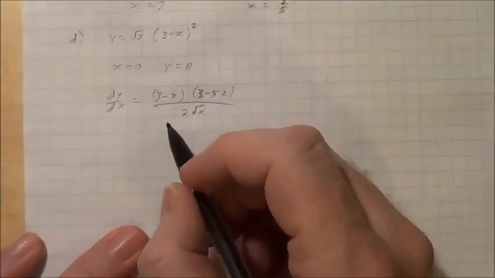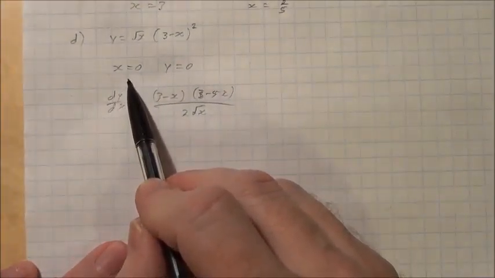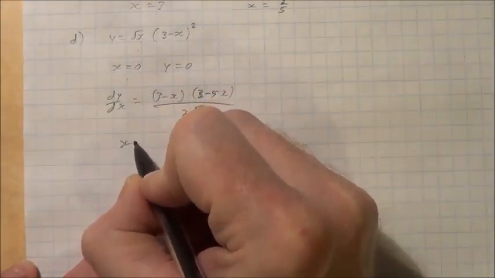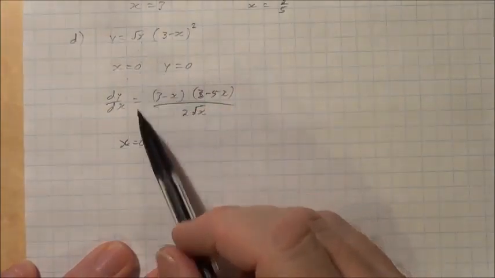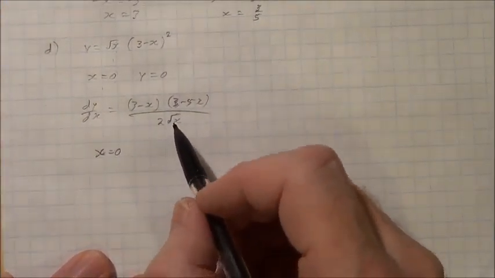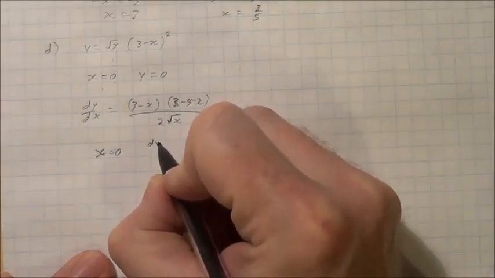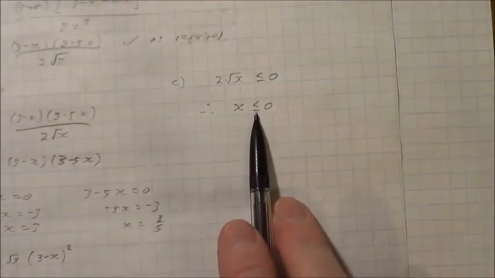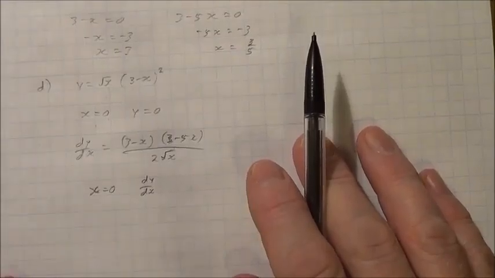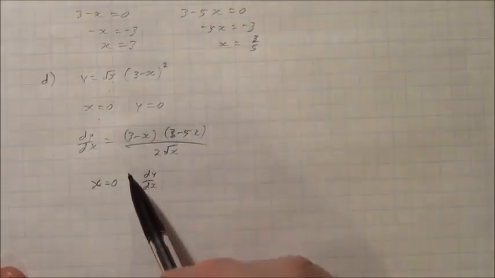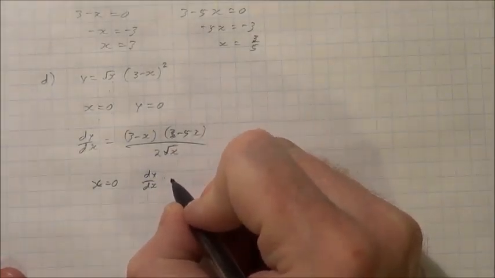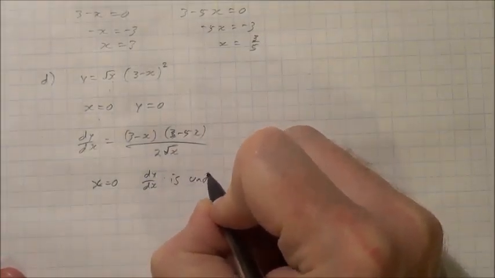That equal part lets me look at x equals 0. So when x equals 0, the original function is defined, but the gradient function is undefined.